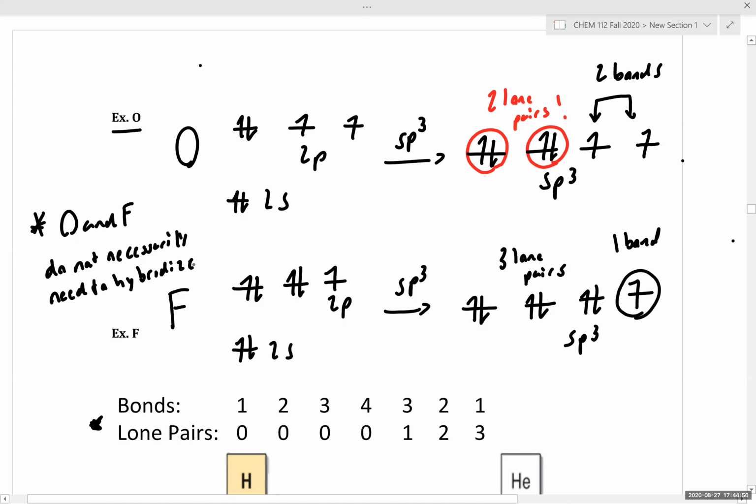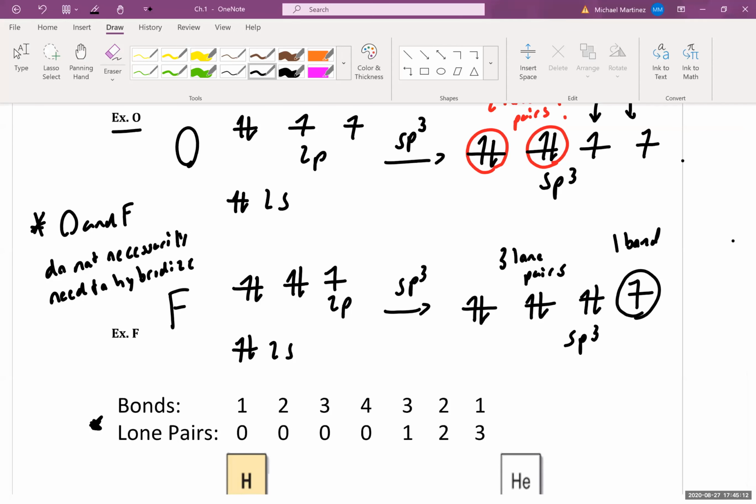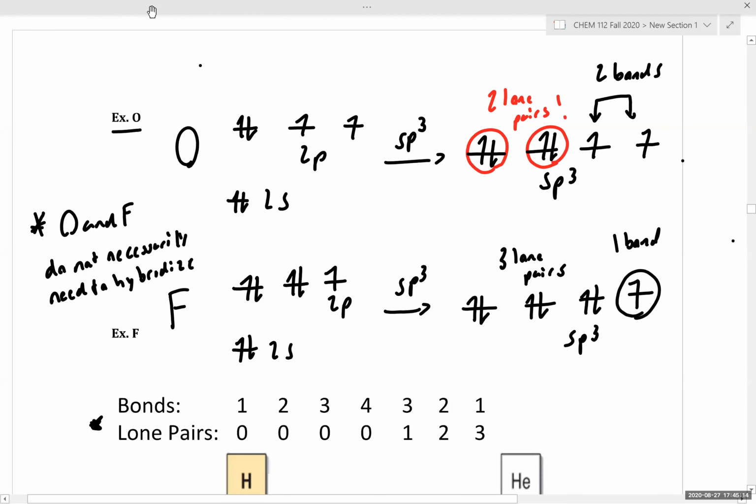Oxygen and fluorine don't necessarily need to hybridize, but we can use this model to help explain the number of lone pairs and bonds formed when each of these atoms adopt an sp3 hybridization. Okay, so we have a little bit of predictive power here. We're starting to be able to explain some of the trends in bonding that we've observed and some of the trends in bond energy and lone pair energy.